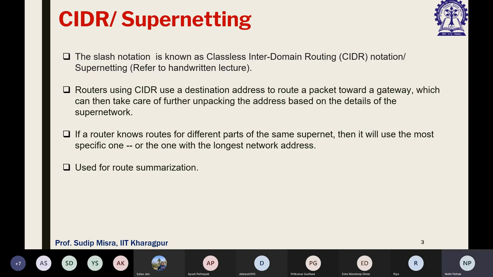As we know, corresponding to every network, the router which connects to these networks is going to have a routing table entry. Now we have replaced those 4 entries with a single entry, so as to reduce the complexity of the routing table and the number of entries that go into that routing table. Is this clear?